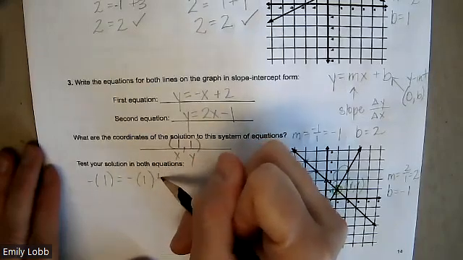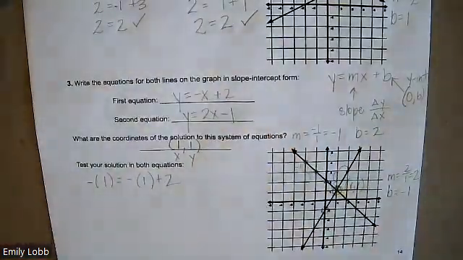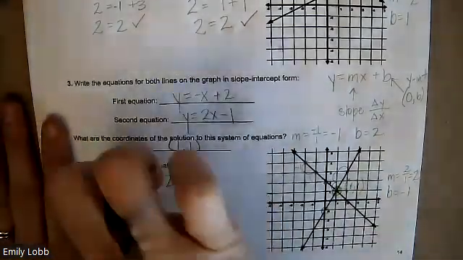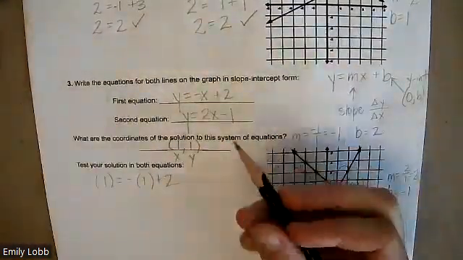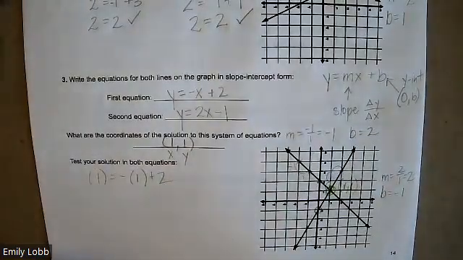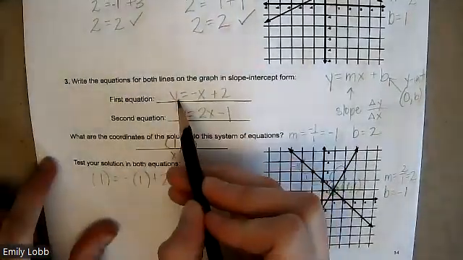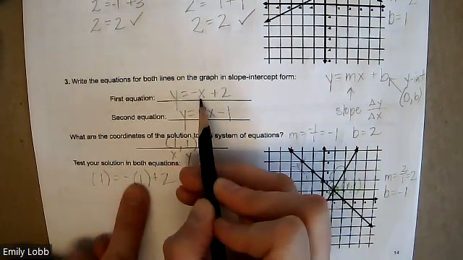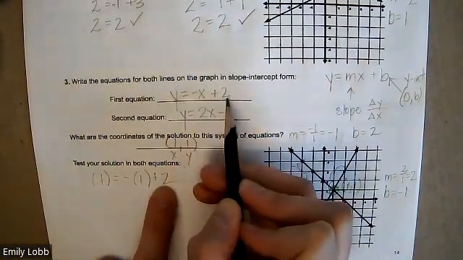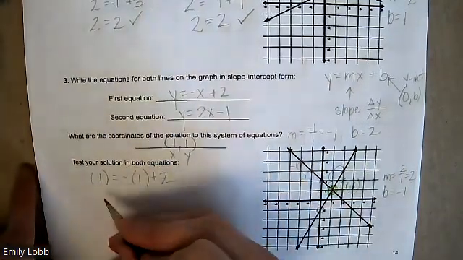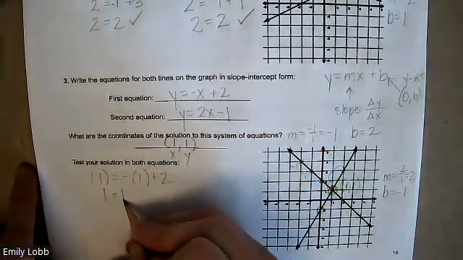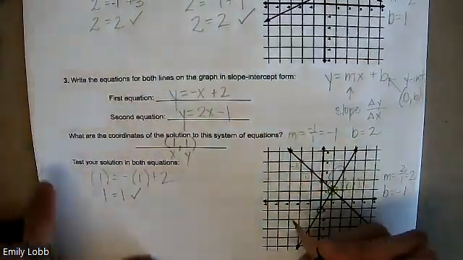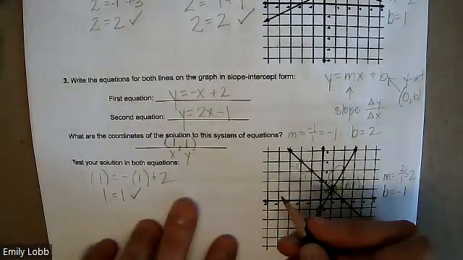Oh no. What did I do? Oh, I don't know why I put a negative here. It's just 1, right? So this first equation, y, when y is 1, is equal to the opposite of x when x is 1 plus 2. So 1 equals 1. Is that true? Yes, it should make that equation true.